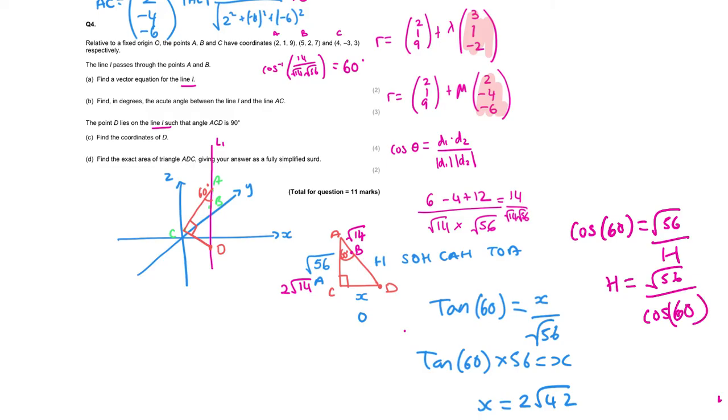I don't know if I'm making it overcomplicated. So we're going to have root 56 divided by cos of 60, which is 4 root 14. There's that root 14 again.